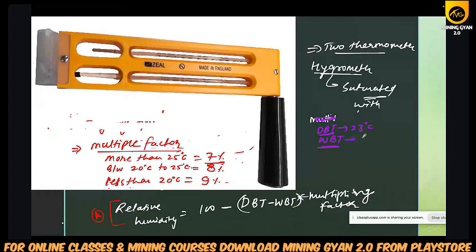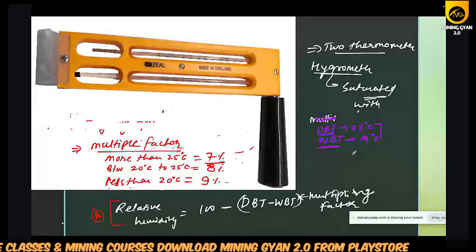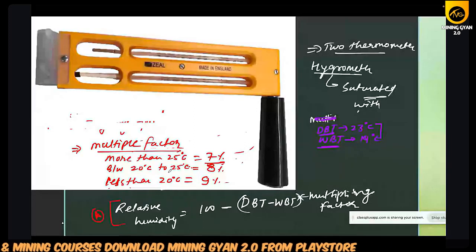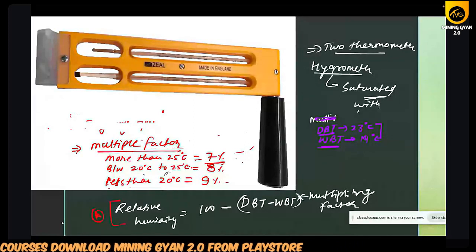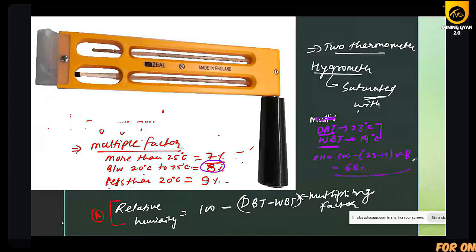So the range is 19 to 23, so you will consider 8%. The formula will be RH, relative humidity, equals 100 minus (23 minus 19) multiplied by 8, and it will come to 68%. Okay, we will see questions when we solve the numericals.